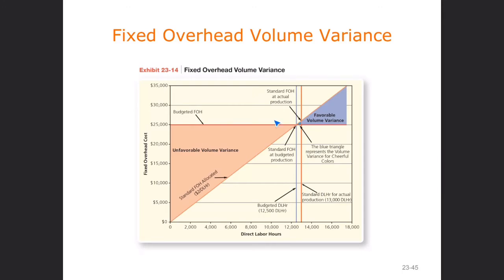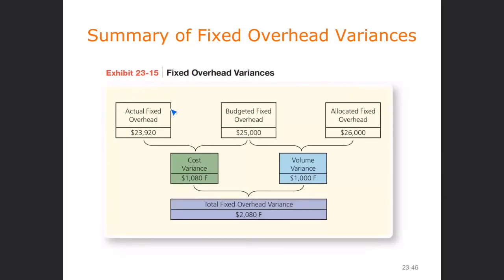And this is a diagram just showing you more detail. So you've got your favorable volume variance and any unfavorable volume variance. I'll let you look at that on your own time. Same thing that we've been looking at.